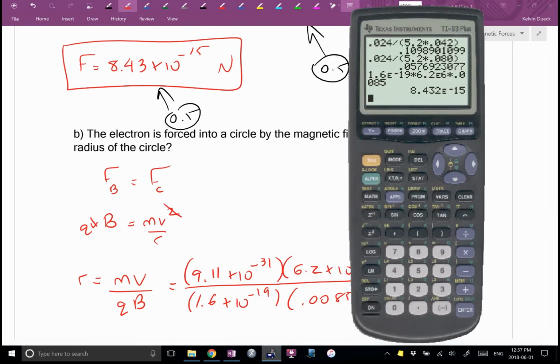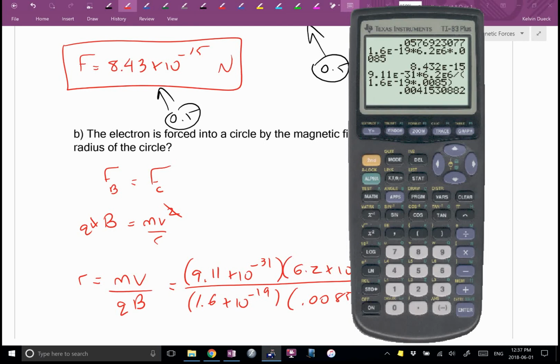Let's see what we get. 9.11 times 10 to the negative 31 times 6.2 times 10 to the 6th divided by 1.6 times 10 to the negative 19 times 0.0085. You get 4.15 times 10 to negative 3?